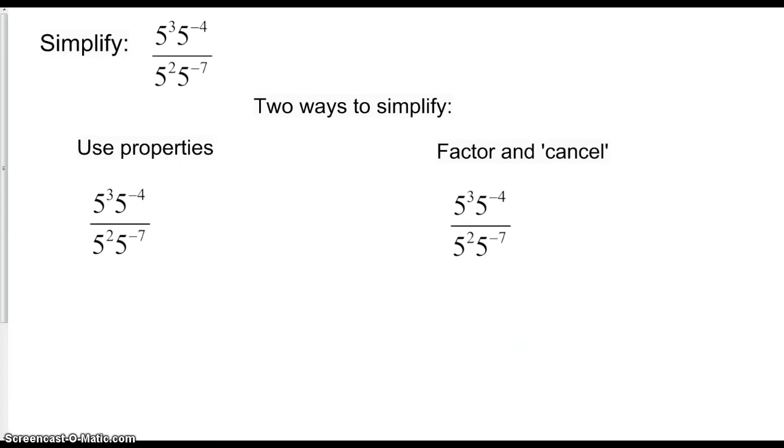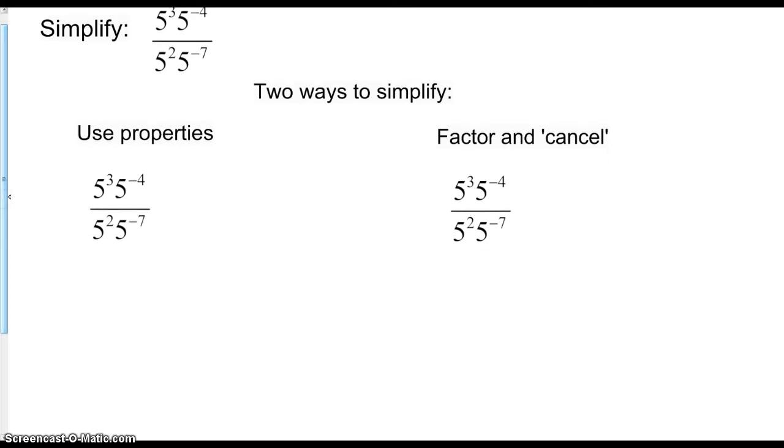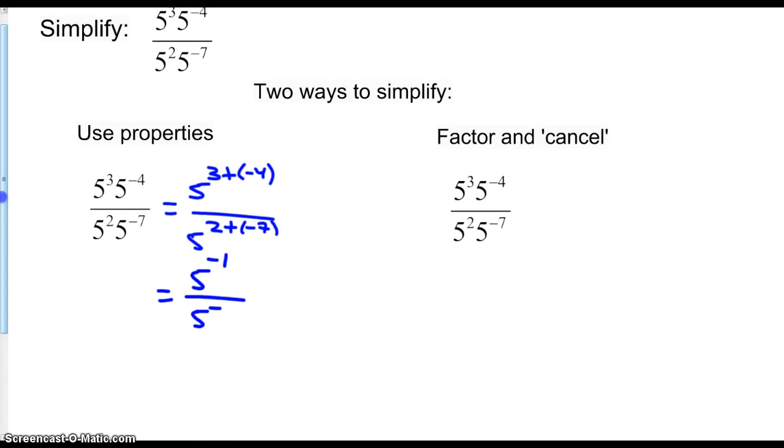Okay, here's maybe a more complicated situation. We have 5 cubed times 5 to the minus 4th divided by 5 squared times 5 to the negative 7. Okay, let's do it both ways. Let's use properties. Maybe what we do on the numerator, first we use the fact that if I combine across the top, this is the same as 5 to the 3 plus a negative 4, which is 5 to the negative 1. And on the bottom I have 5 to the 2 plus a negative 7, which is 5 to the negative 5.